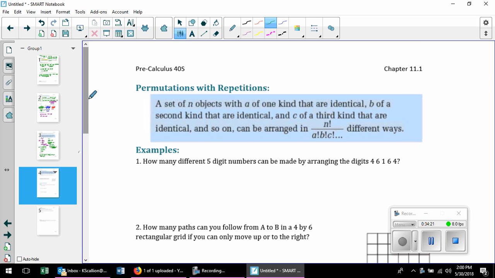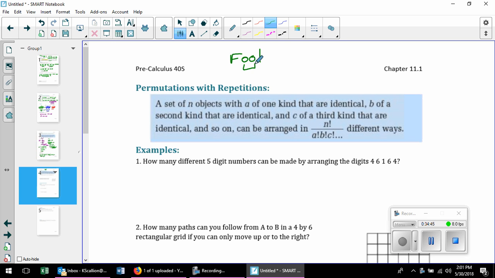So all it's saying is when you have a situation where there's repetition. So if we look at the word pool, what's repeated? The O's are repeated.